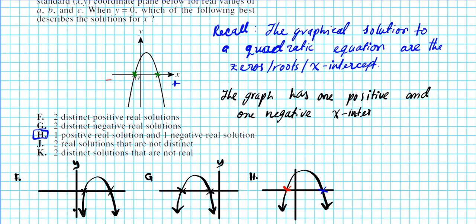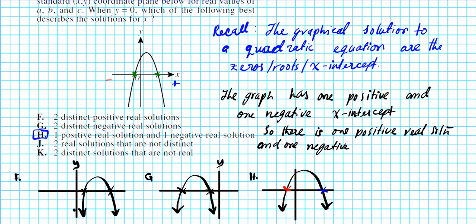So since you have one positive and one negative x-intercept, and the x-intercepts are the solutions, your conclusion is, there is one positive real solution and one negative real solution.